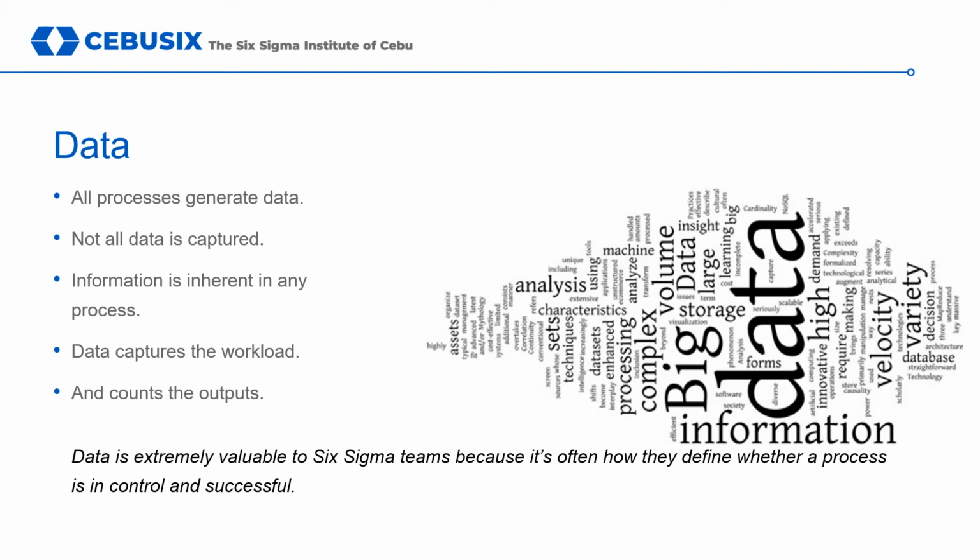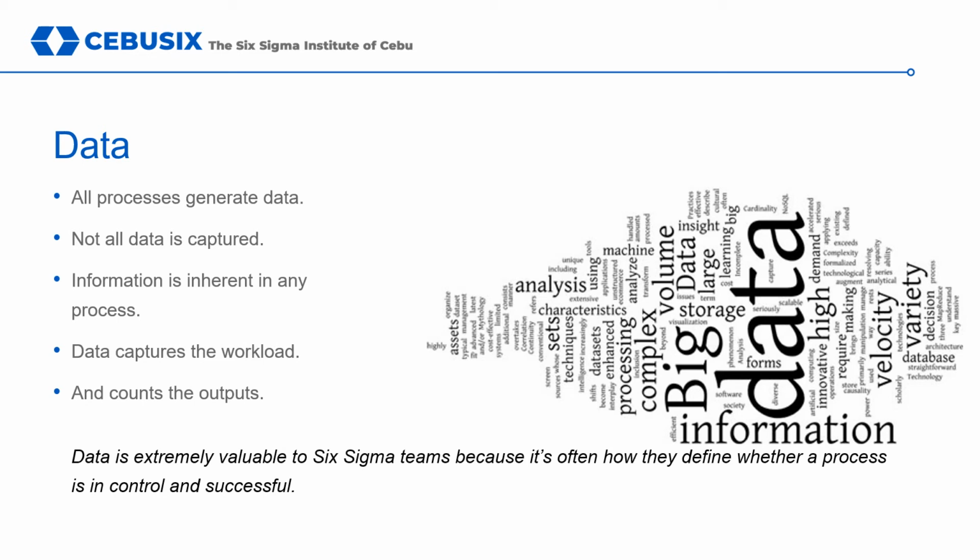Finally, all processes generate some form of data. Even if data isn't being captured, information is inherent in any process. A computer program that automatically routes work in a workflow might generate data such as the number of items in work queues, how many items were worked that day, the time items have been waiting in queues, how many items were transferred, and where those items were transferred to.